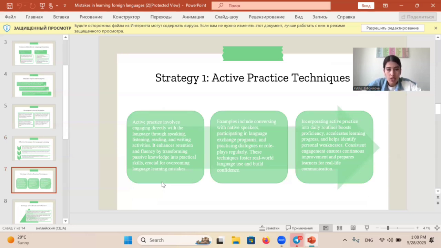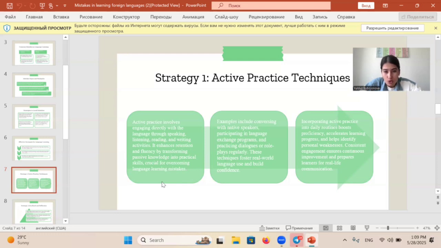Active practice involves engaging directly with the language through speaking, listening, reading, and writing activities. It enhances retention and fluency by transforming passive knowledge into practical skills crucial for overcoming language learning mistakes. Examples include conversing with native speakers, participating in language exchange programs, and practicing dialogues or role plays regularly.